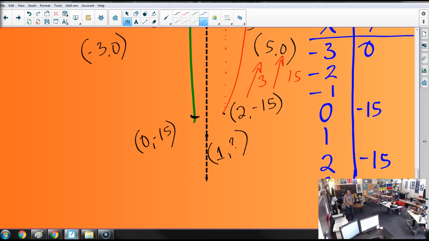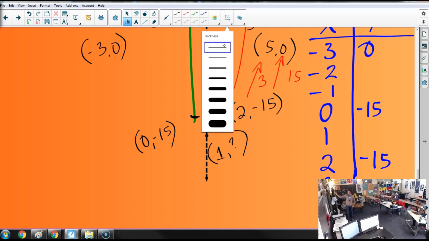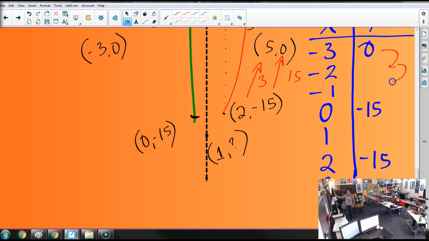So if this was linear, these would all be consistent, right? But it's not linear. If it was linear, it'd be 0, negative 5, negative 10, negative 15. But it's not.